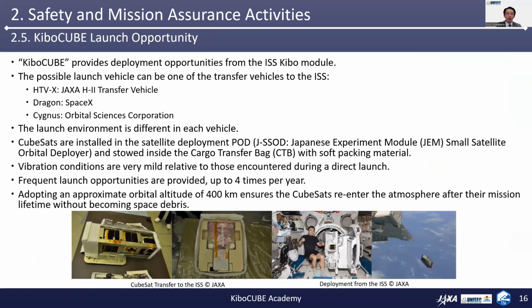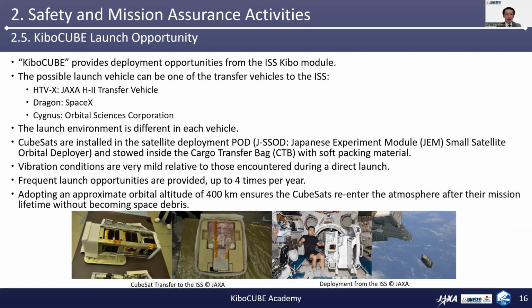So as you might be already informed, KiboCUBE provides deployment opportunities from the ISS. In this framework, the possible launch vehicle can be one of the transfer vehicles to the ISS, which are the Japanese HTV-X, the H-II Transfer Vehicle, Dragon spacecraft of SpaceX, and Cygnus spacecraft of Orbital Sciences Corporation. The launch environment is different in each vehicle.